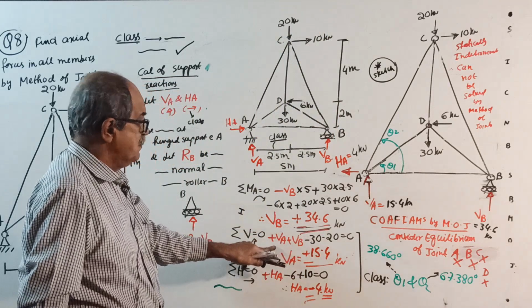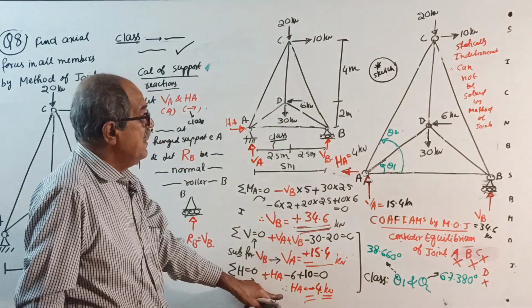You get VB. Sigma V equal to 0, you will get VA. Sigma H, you will get HA.